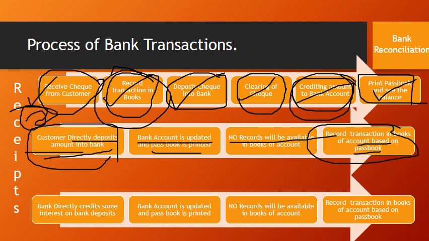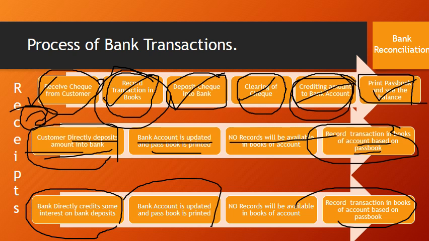The next one: in some cases, banks directly credit some interest on bank deposits, or the bank directly deducts some interest on their charges, or interest on loans given, ECS, electronic clearing. But in all these cases, the bank account will be updated based on the passbook.